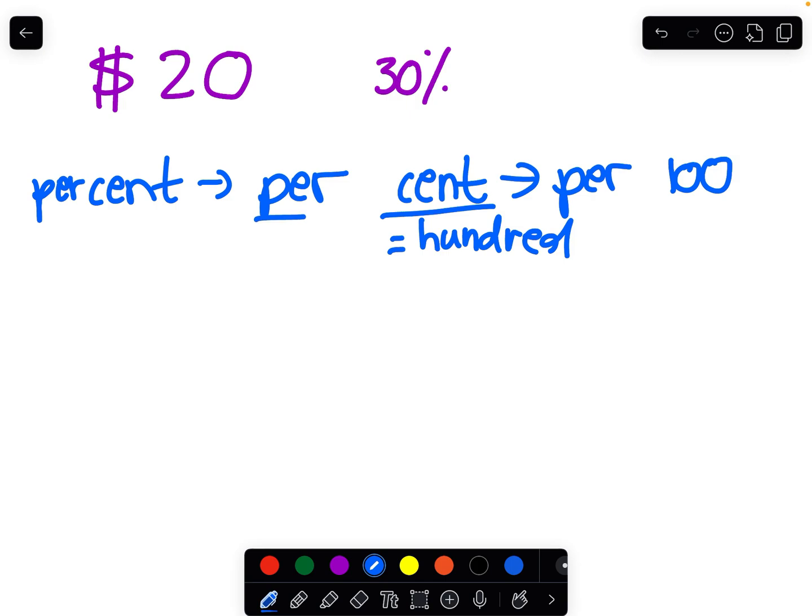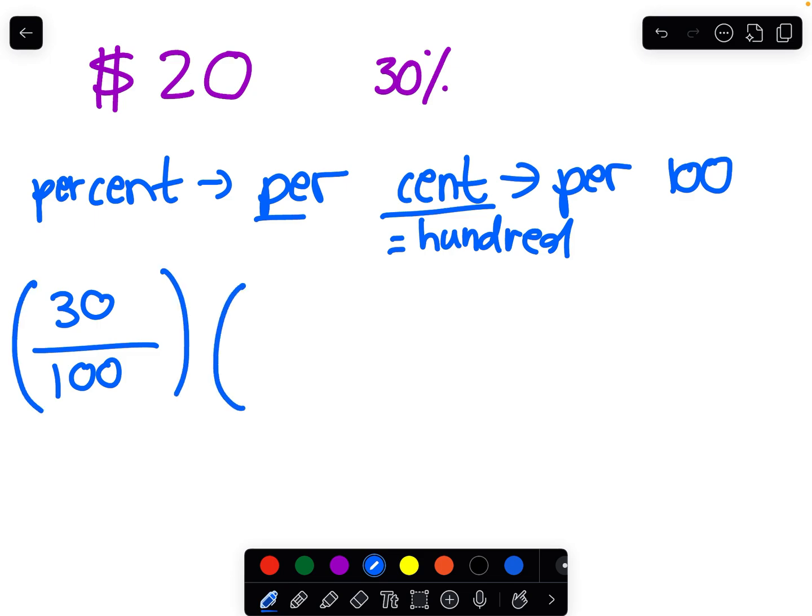So per cent is per 100. If you have 30%, it is the same as 30 out of 100, 30 hundredths. So one way to solve the problem, what's 30% of 20, is to say 30 hundredths, and we're going to multiply that by 20 over 1.